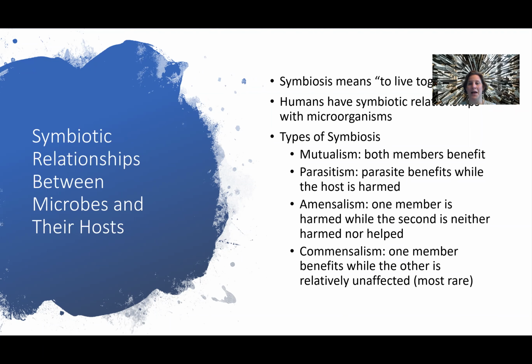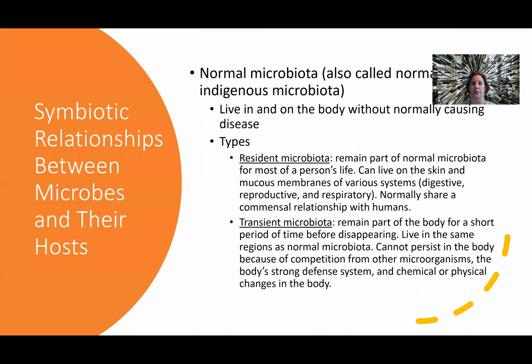They're just there. And then we have commensalism, which is kind of, in some ways, the opposite of amensalism, where one member benefits while the other is unaffected. So just think about these as we talk about how microbes and other organisms may interact with one another.